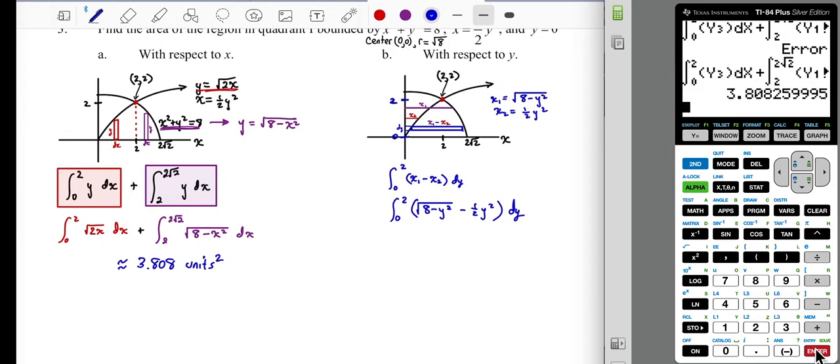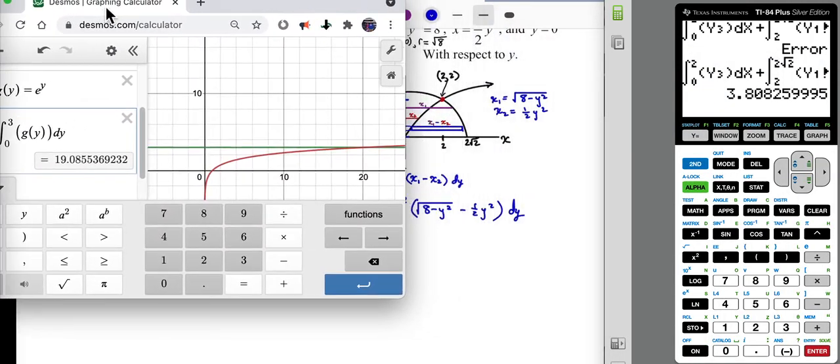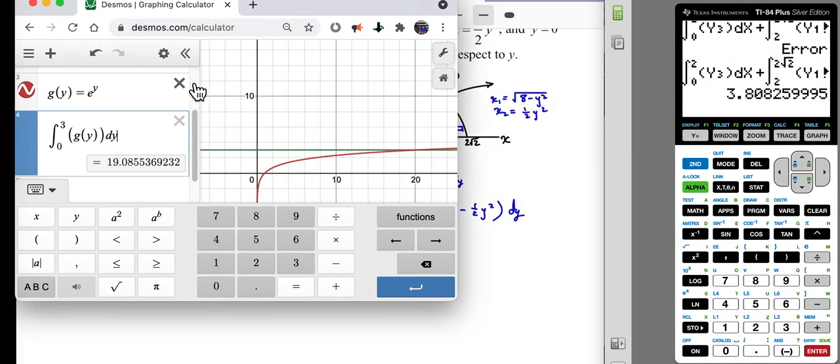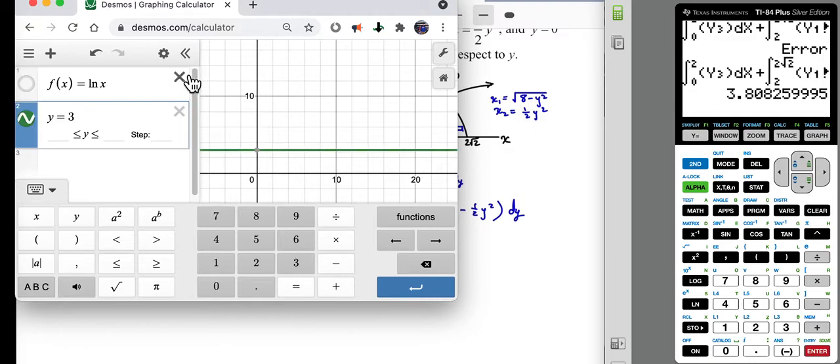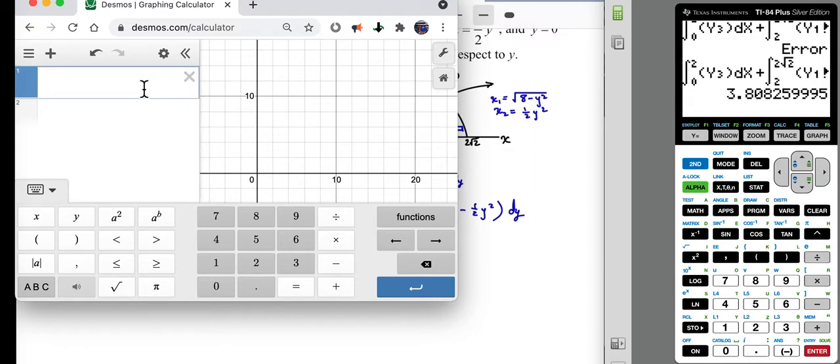Alright. So now the other way, it's just more typing. I could just type it in, but I'll do this one with Desmos, right? Because it's inverted, so why not? Desmos can handle inversions, so let's let it handle inversions. So x is equal to the square root of 8 minus y squared.